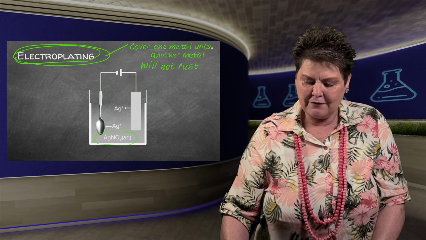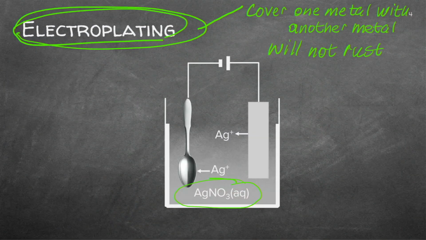Right, so what do we have here? We've got silver in the solution. Now, if I've got silver nitrate, like here, I've got silver plus and nitrate ions. Can you see here, I've got the positive pole and the negative pole of the cell, and I know this will attract the negative and this will attract the positive.